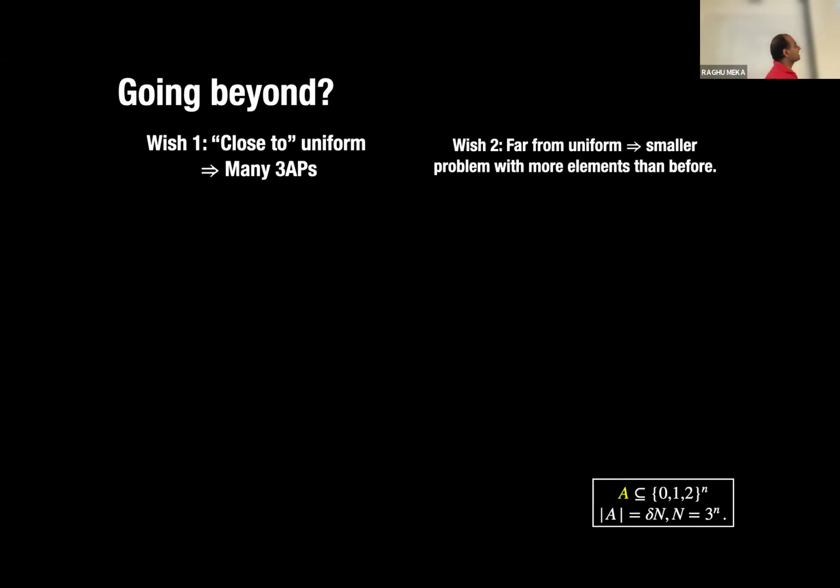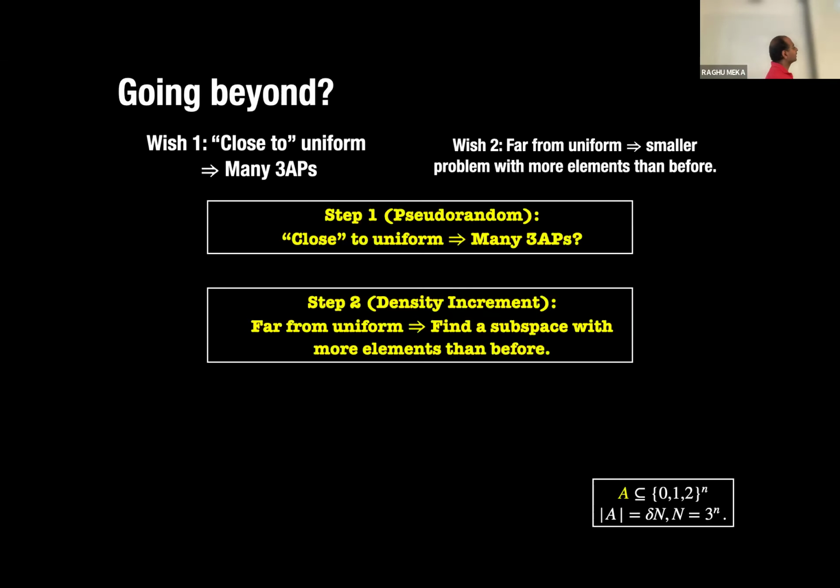All right. So let's say I want to go beyond this, again over F3 to the n, using the same approach, I want to get better quantitative bounds. So what do I do in that case? And we can roughly think of this as being split into 2 steps, right?